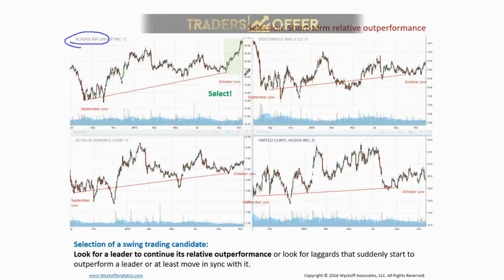What else is very interesting here? When you look at the comparative outperformance, you want to compare different points here, not just an overall stride of the slope.